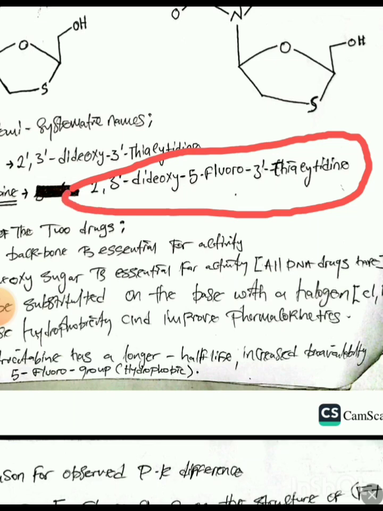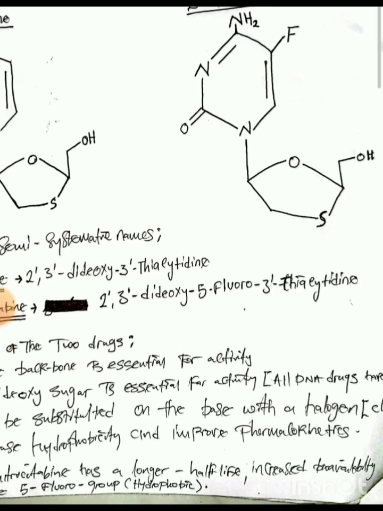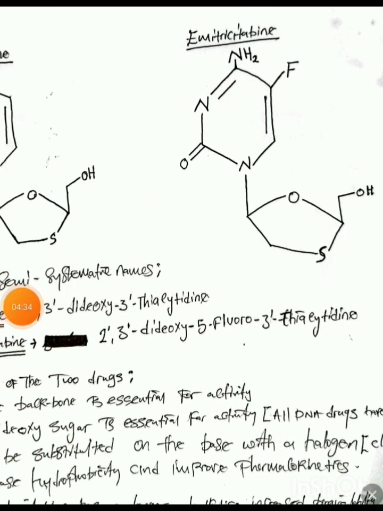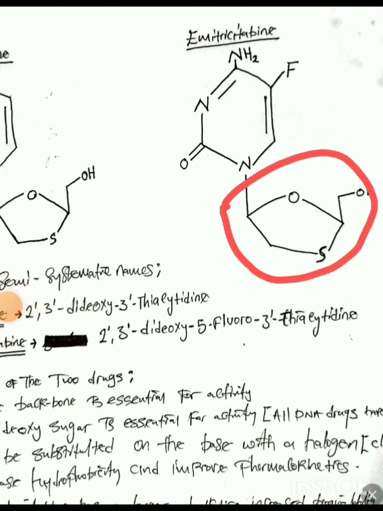Okay, so the 2 prime 3 prime dideoxy can be attributed to the sugar once more. Okay, so the sugars are usually dideoxy in these drugs. For them to carry out their mechanism of action, they have to lack that 3 prime hydroxyl. So the dideoxy comes from this sugar as well.